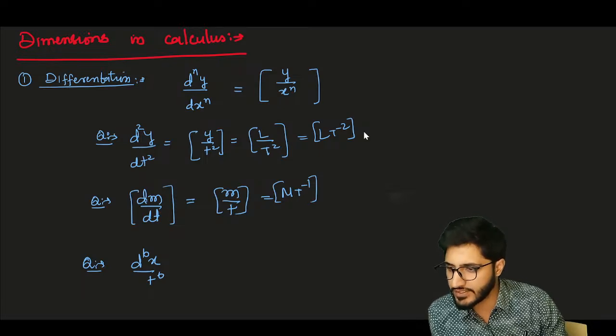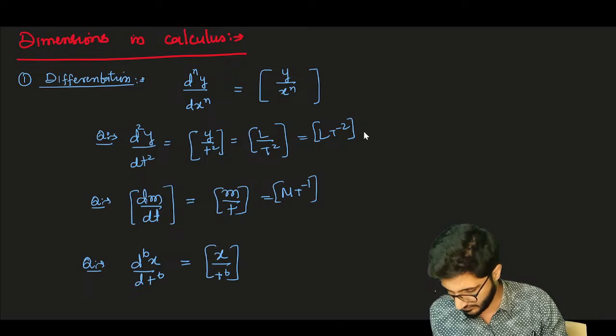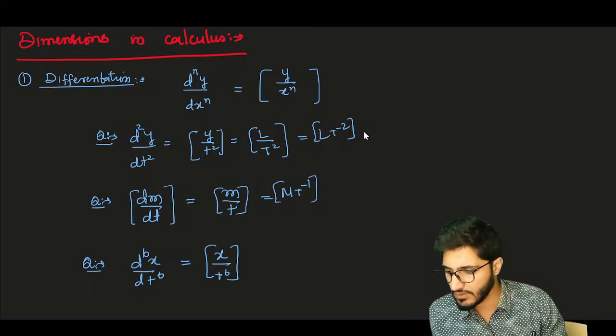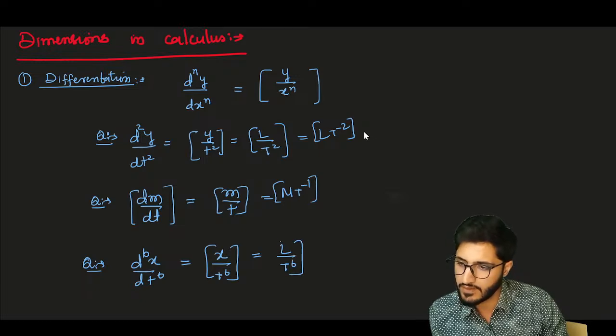So it is d6x by dt6. I think my answer would be x divided by t to the power 6. X is length divided by t6, or LT minus 6.